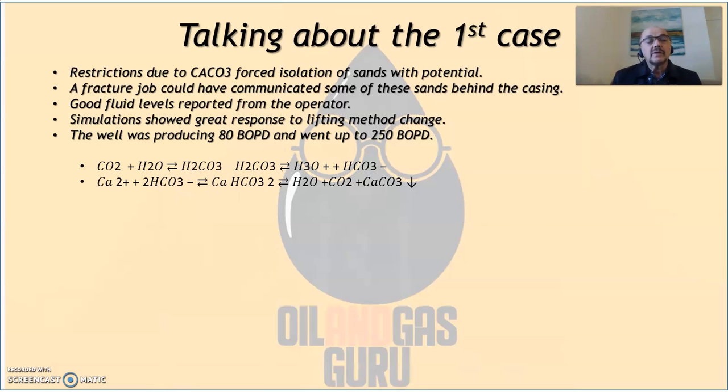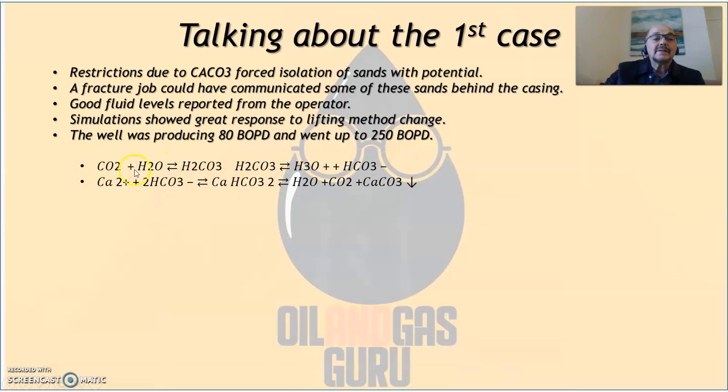We saw good levels reported, and we saw the opportunity to change the sucker rod system to an ESP system, to reduce the bottom hole flowing pressure and increase the production. In this particular case, the well was producing around 80 barrels of oil per day, and it went up to 250. So the economics at this time were okay with the oil prices.